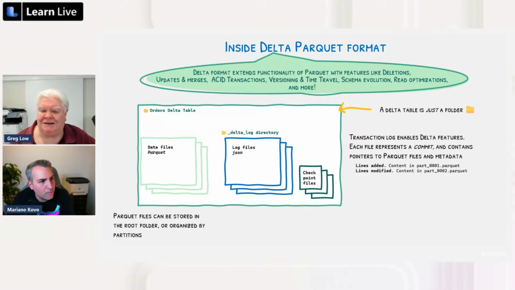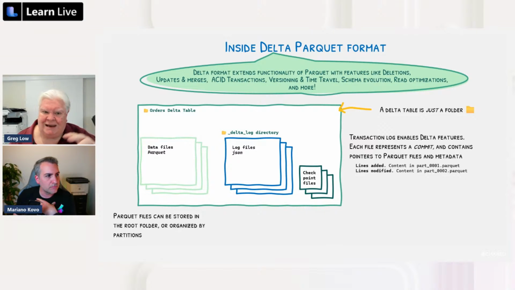And then to give it database characteristics, we've added things over the top of that, like a transaction log. And so there's a log directory with a whole series of files. We periodically break out and capture a checkpoint so that we don't have to go and read the entire list of log files if we want to go back over a period of time.